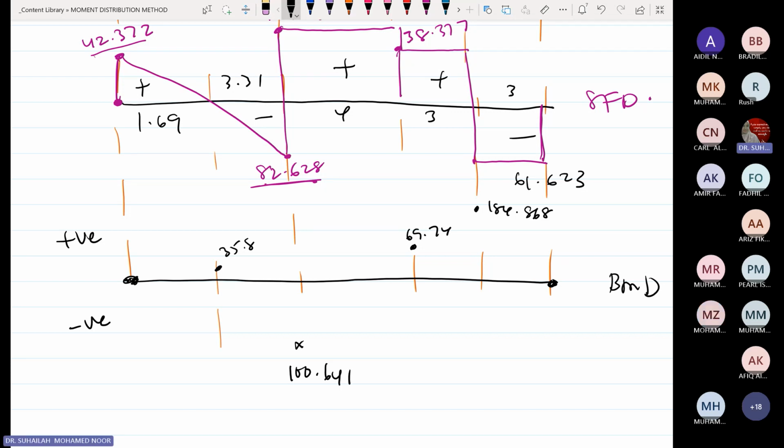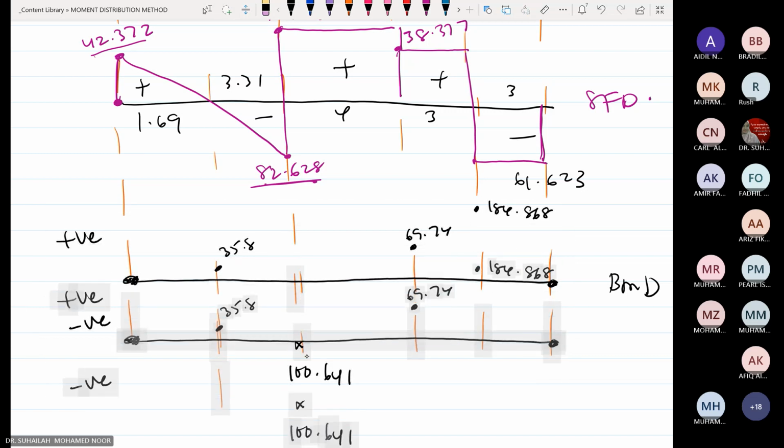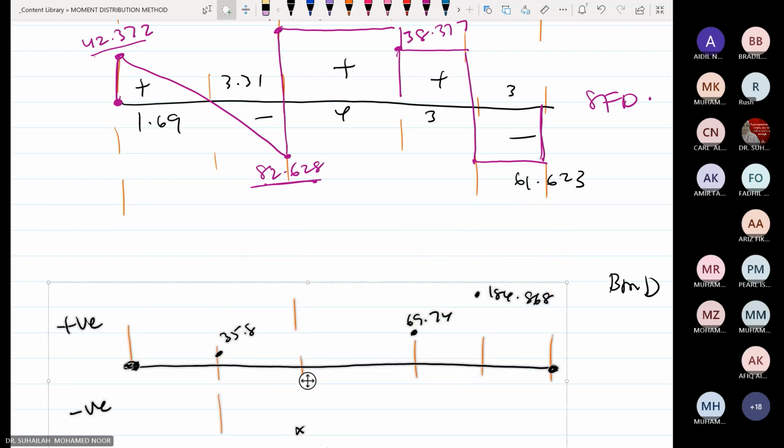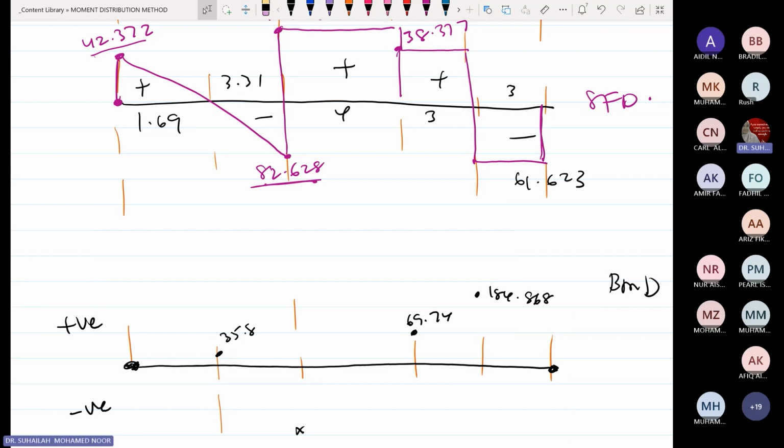Equal to 0. So, cuma tak cantik sebab patutnya line ni di bawah sikit kan. Saya ubah line lah. Saya ubah line ni. Okay.